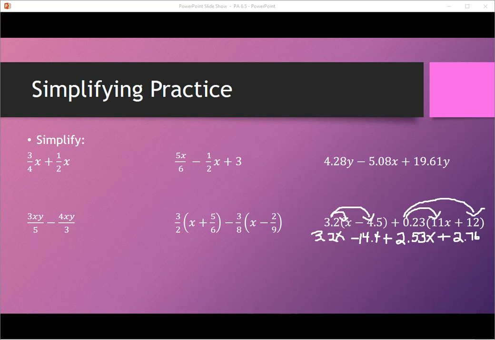Okay, now I need to combine like terms. My two x's are like terms, and my two numbers are like terms. So 3.2 plus 2.53 would give me 5.73x.